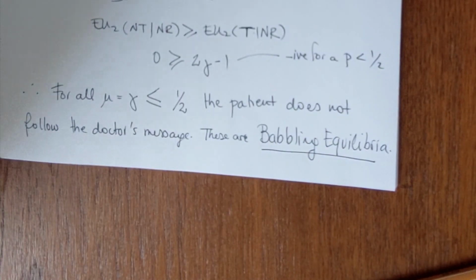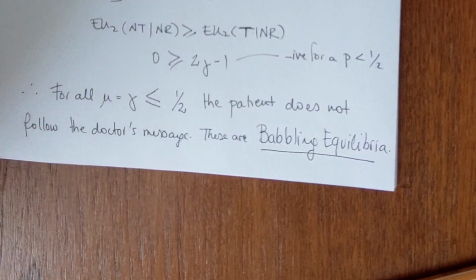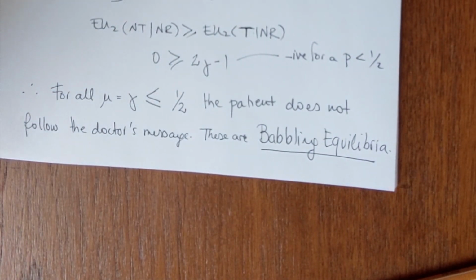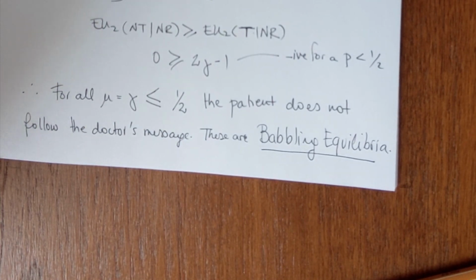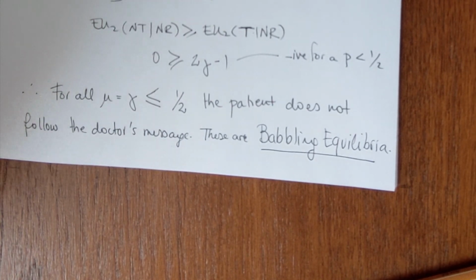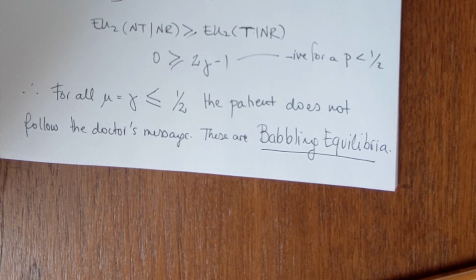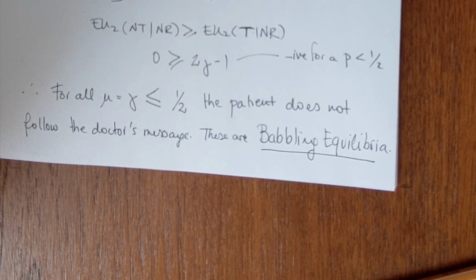So without loss of generality, if the receiver believes that the sender's message is independent of the sender's type, then the receiver will use his prior beliefs to choose his actions. This is what we saw in the example of p less than a third above, and we've generalized now for any p less than half.